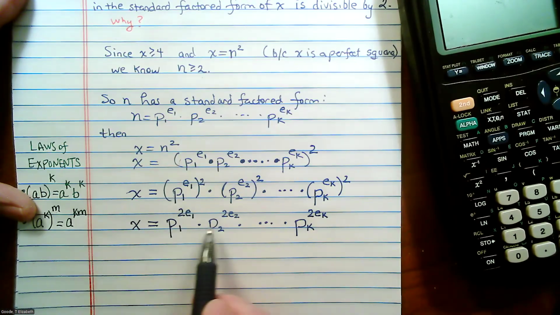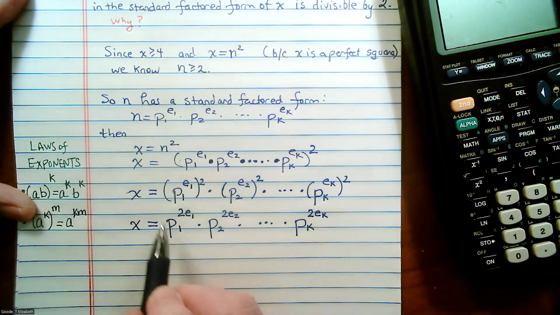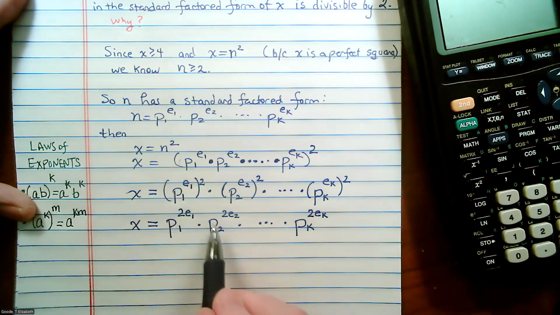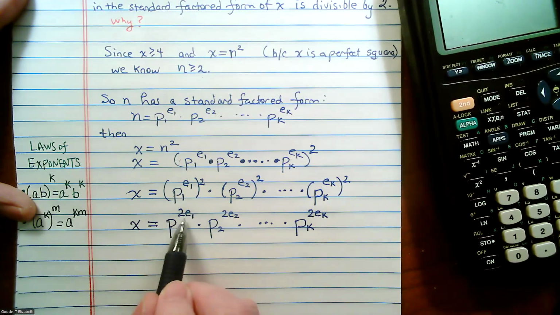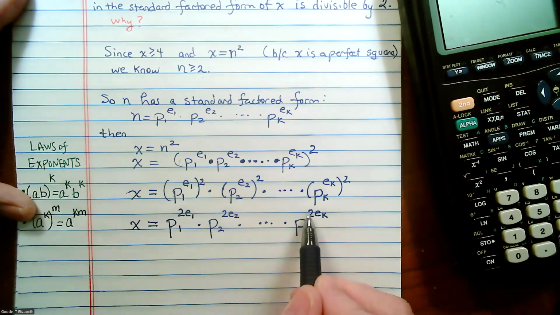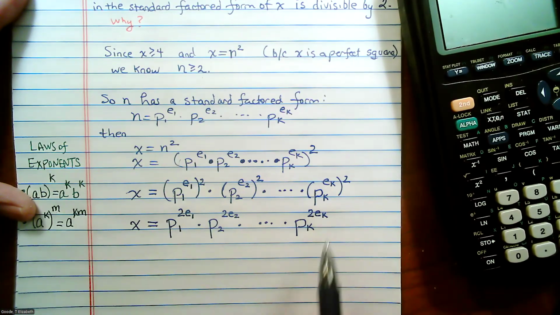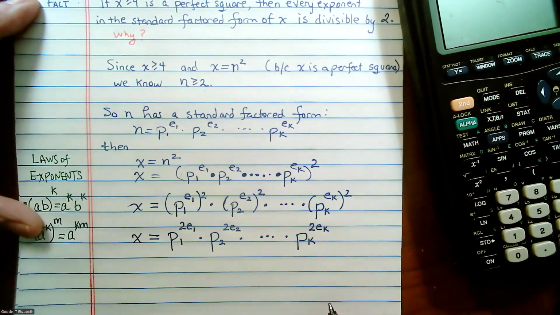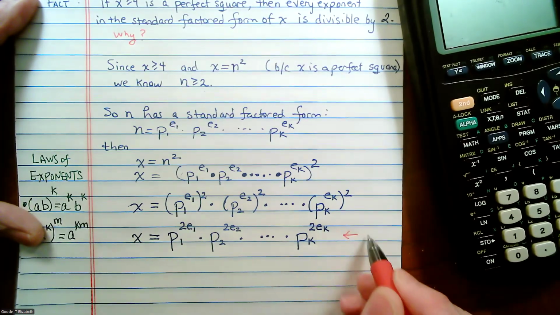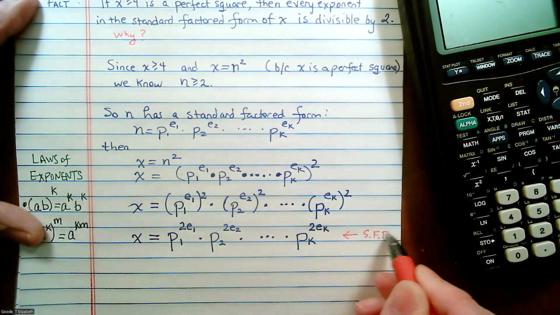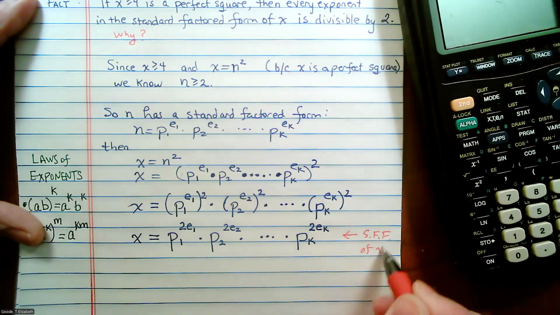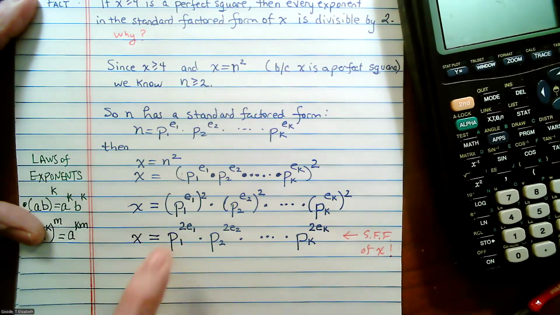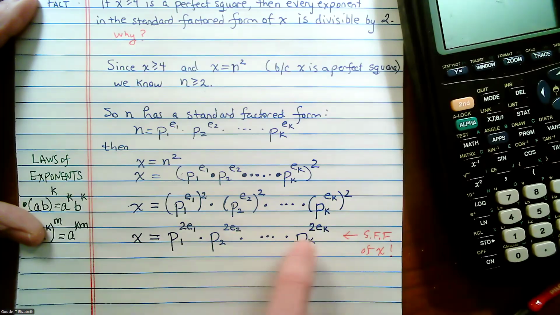These primes are still in order by size. We've still gathered all the copies of each prime together with an exponent that's greater than or equal to 1. In fact, these exponents are all greater than or equal to 2. See that? So this is the standard factored form of X. And what do you see is going on with these exponents?